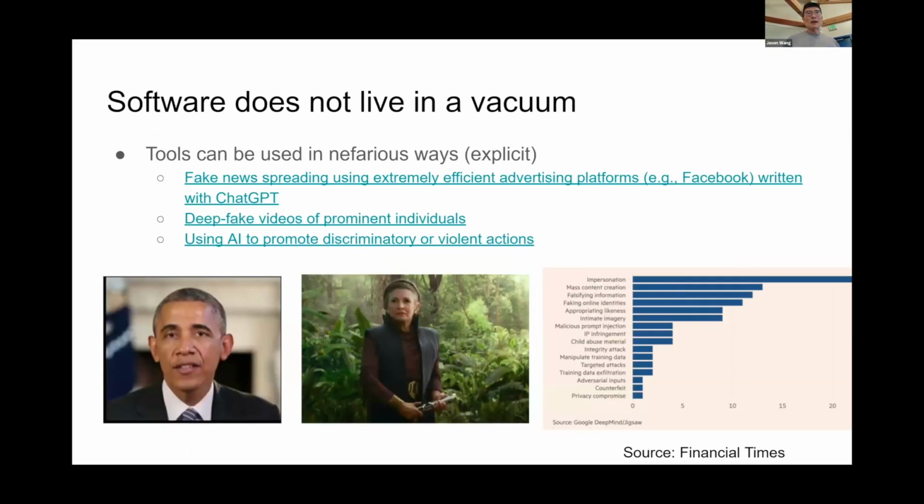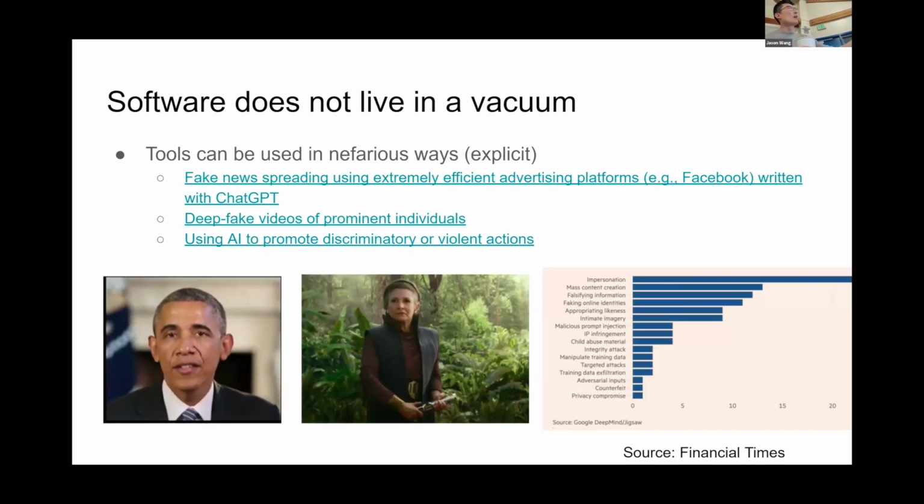Software, again, doesn't live in a vacuum. Even if we just make tools, the tools we make can also be used in various ways, especially with these generative AI things. Deepfake videos have become more and more prevalent. Basically, deepfake videos take prominent individuals and make them say things that they didn't actually say, but because there's so much training data of how they speak, their mannerisms, their voices, you can generate these things.